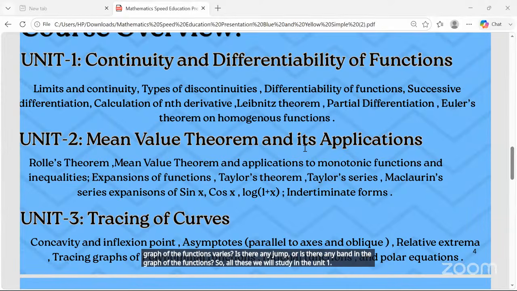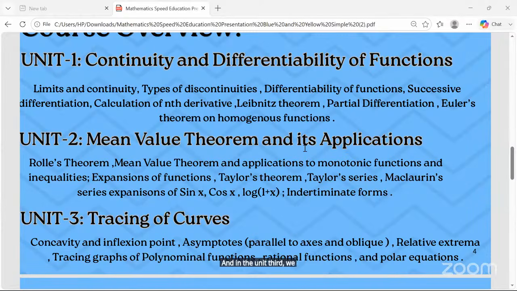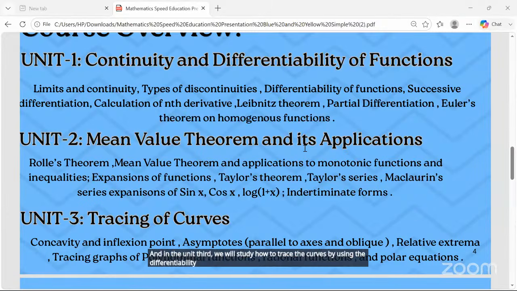In unit 2, we will analyze functions by using the theorems of derivatives like Rolle's theorem and the mean value theorems, how a function in an interval is increasing or decreasing, and how we expand functions like sine, cosine, and logarithmic functions in series form. In unit 3, we will study how to trace curves by using differentiability and limits, as there are many graphs which we cannot sketch directly.